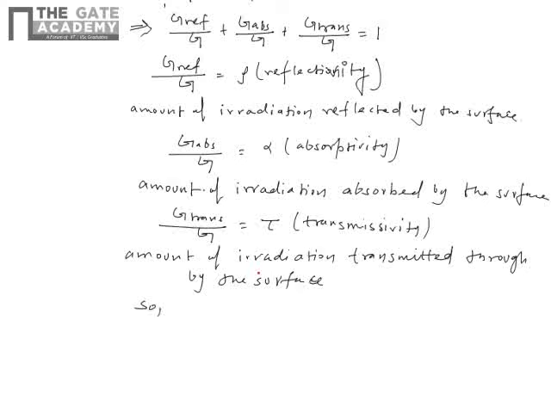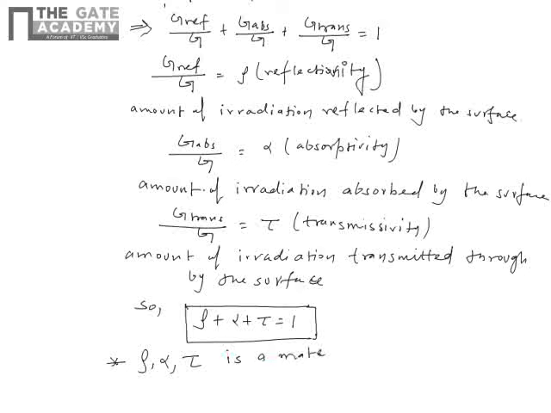So we get rho plus alpha plus tau is equal to 1, and rho, alpha, tau is a material or surface property.